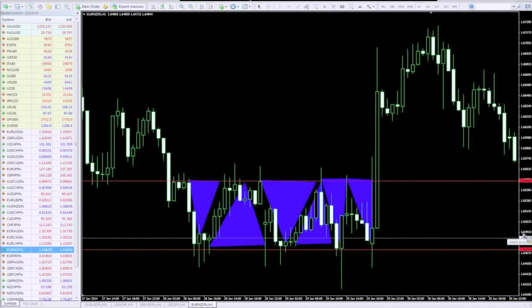Everyone see that? That's what builds it. If I had to break it down into a DNA, I would need candles that go from one side of the range to the other side of the range in a triangular fashion.